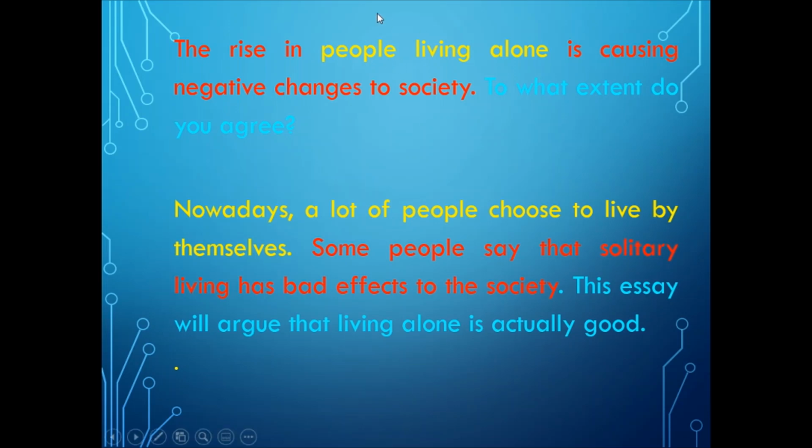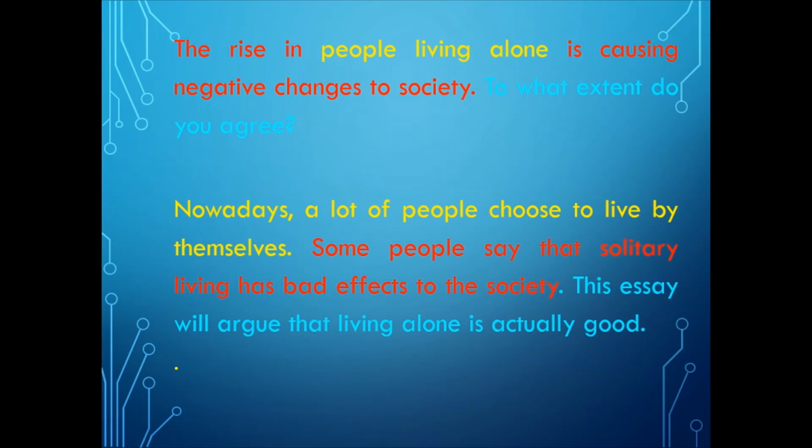So again, see, I put them in different colors, so you will still be able to identify what is the topic, what is the issue, and what is the instruction. So the topic here is people living alone. It's about people living alone, okay? Or the rise in people living alone.